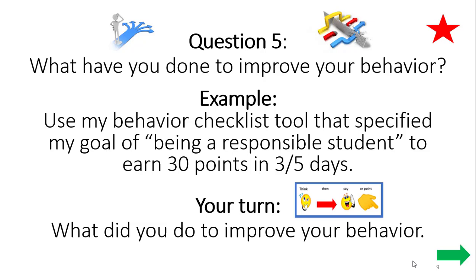So this was the tool that you used and how it helped you to improve your behavior. So now it's your turn. Tell me, what have you done to improve your behavior? If you need more time, press pause.